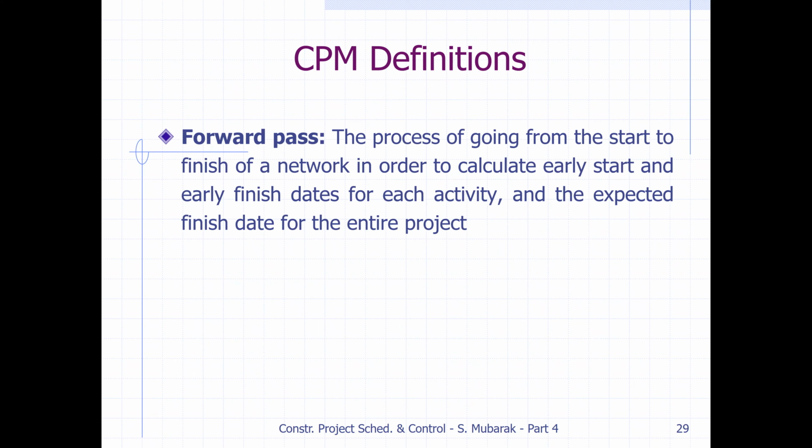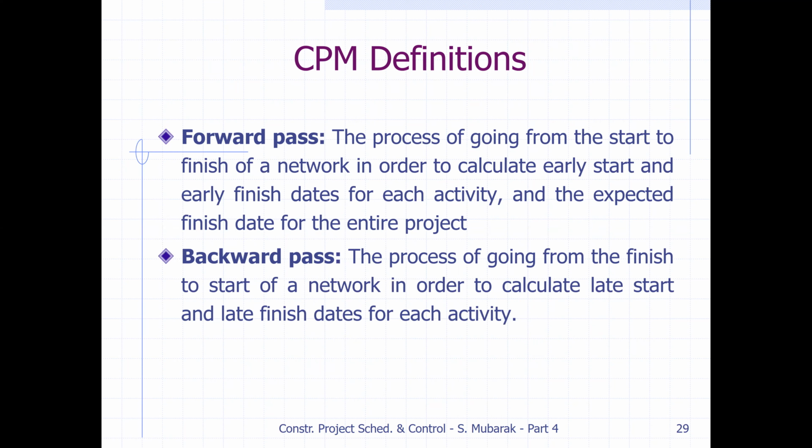Forward pass means that we find the early start time and early finish time of all the activities in the network diagram. It is the process of going from the start to finish of a network in order to calculate early start and early finish dates for each activity, and the expected finish date for the entire project. So with this forward pass, we can find the project duration.